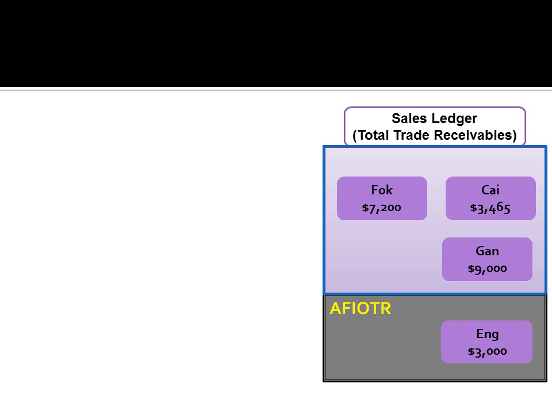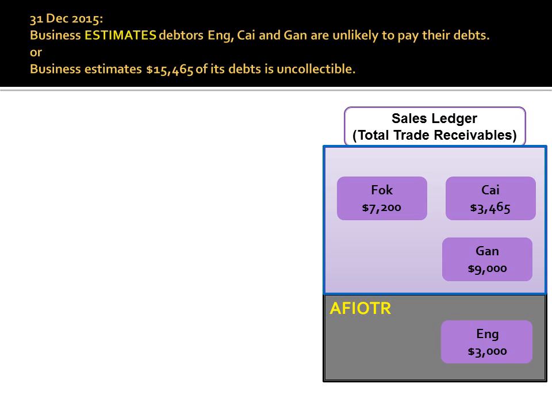So suppose that just before the impairment loss adjustment, there are 4 customers who owed the business money, one of which has been blacklisted previously. At the end of the year, the business would make a fresh estimate of who are the customers who are unable to pay their debts.